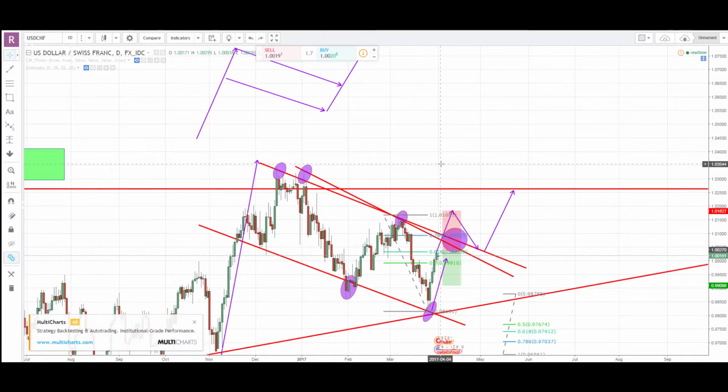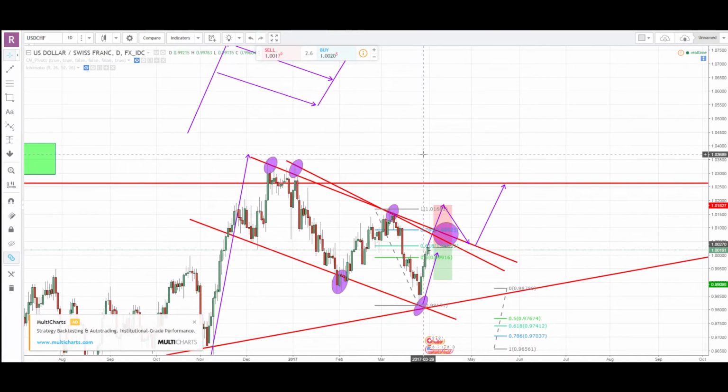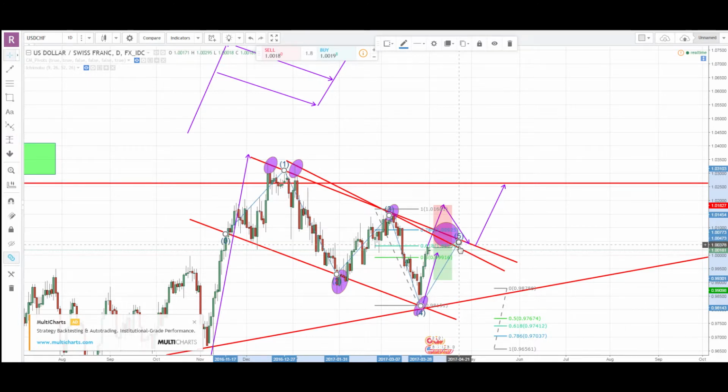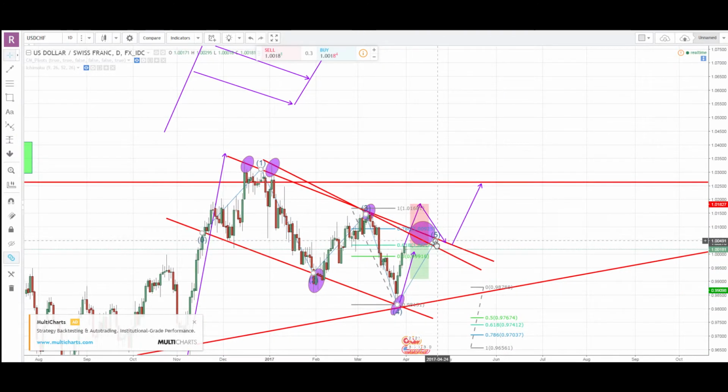Okay, so what do I expect right now? I do expect that Elliott wave 1, 2, 3, 4, 5. Okay, that's the 5th Elliott wave, which is currently ongoing.